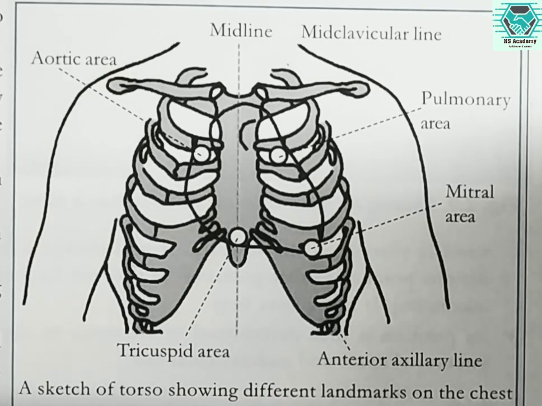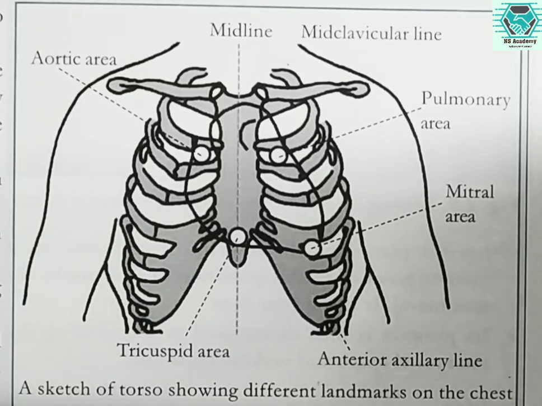Next, another is the anterior axillary line. So this one is the anterior axillary line, the vertical line passing through the anterior axillary fold. Mid axillary line is the vertical line passing through the midpoint of the axilla, and the posterior axillary line.